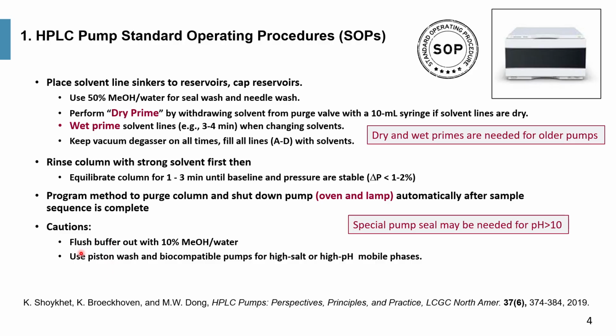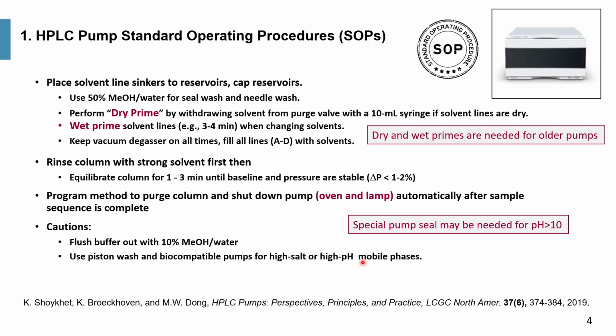There are also some solvents for some specialized operations. First, if there are buffers in the line, they should be flushed out with 10% methanol in water. Use piston wash and also a biocompatible, bioinert pump for high salt or high pH mobile phases.